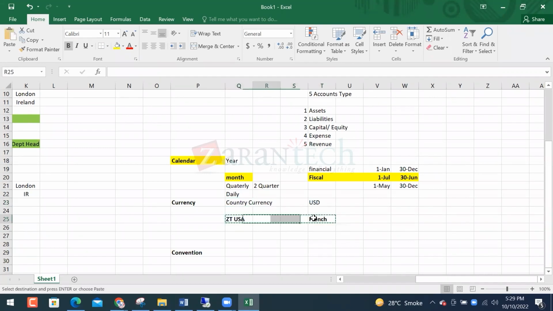Your transactions and financial statements are always based on the business currency, whatever you decide while defining your financial structure.